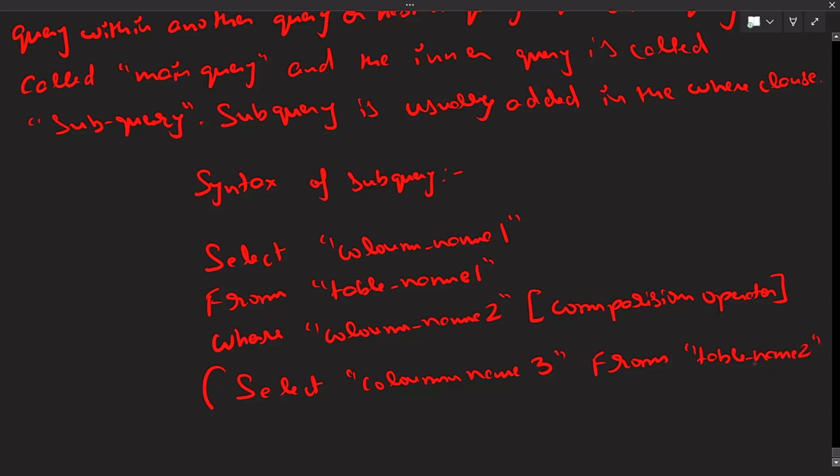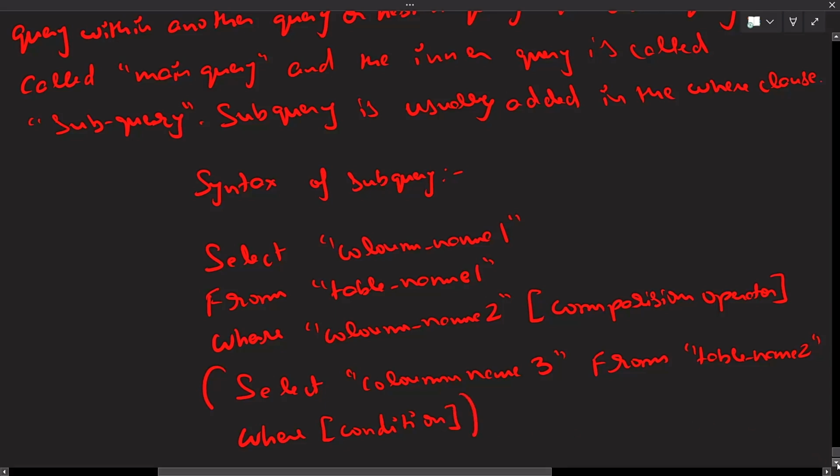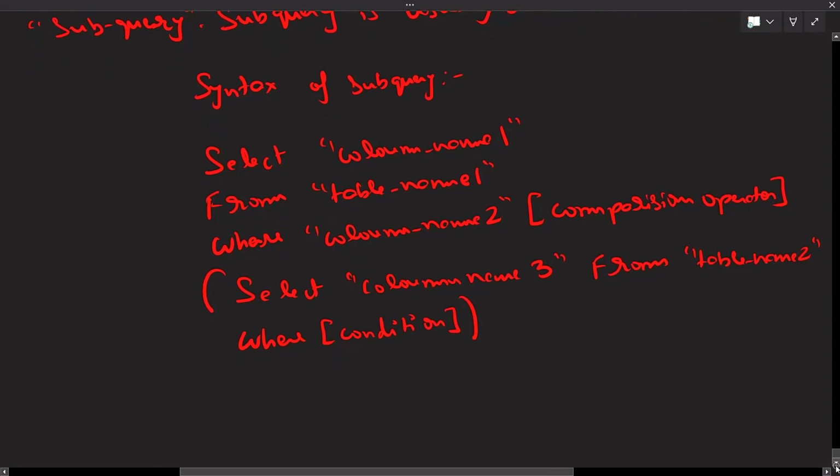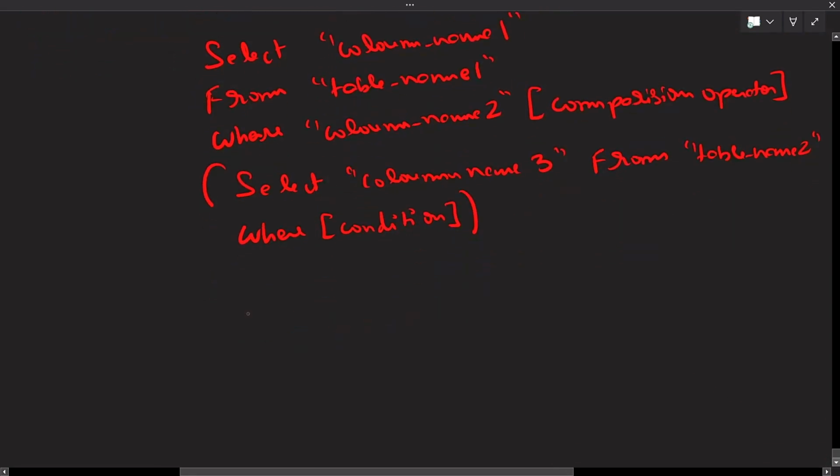Table name 1, table name 2, I am giving you so that you can understand whatever the condition is. We will understand this with examples, but let me first tell you the concept, because first you should know the concept, right?